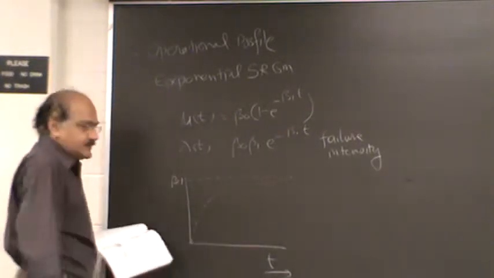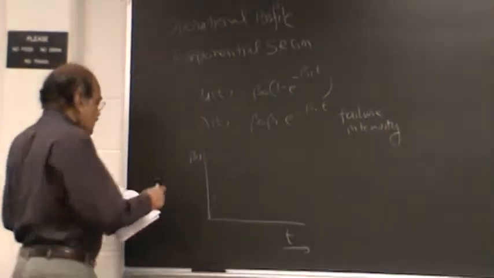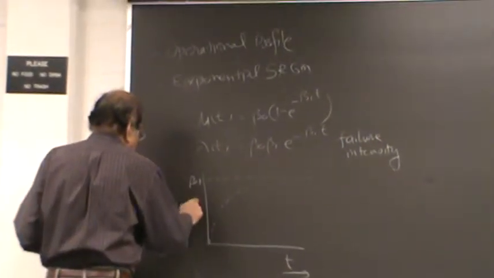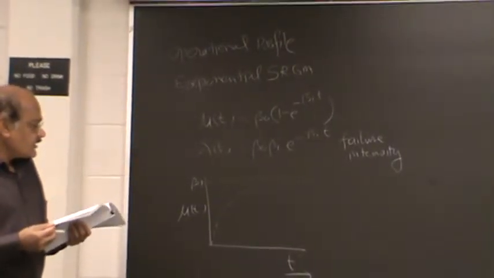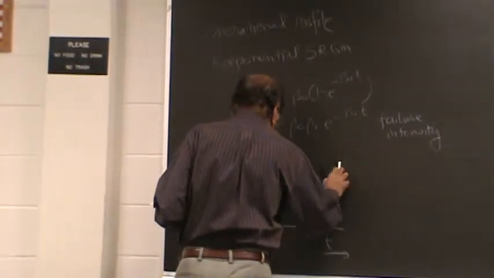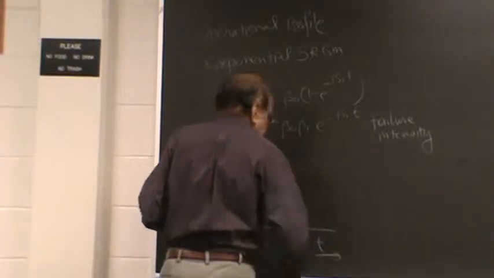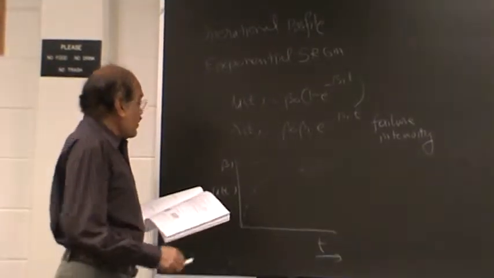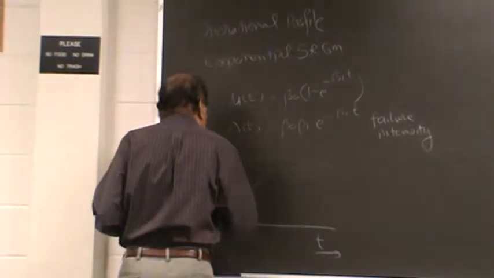As time passes by, the cumulative number of defects found would asymptotically approach beta 1. Is that beta 1 or beta 0? Oh, I'm sorry. You're right. That should be beta 0.